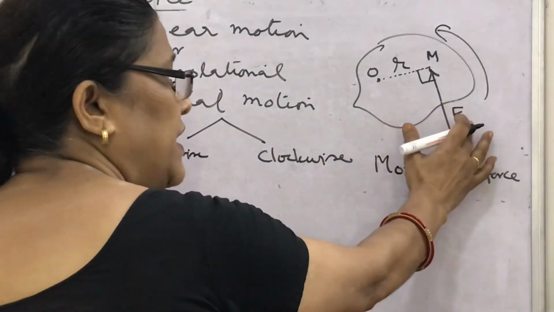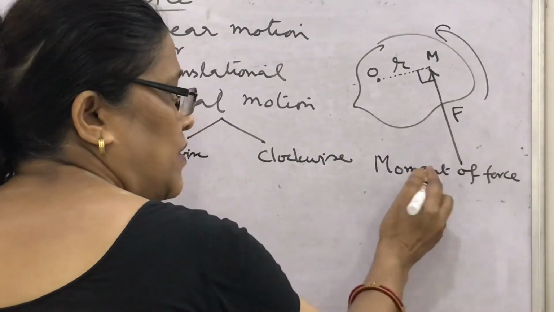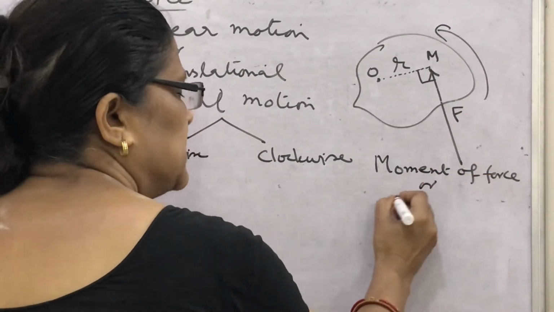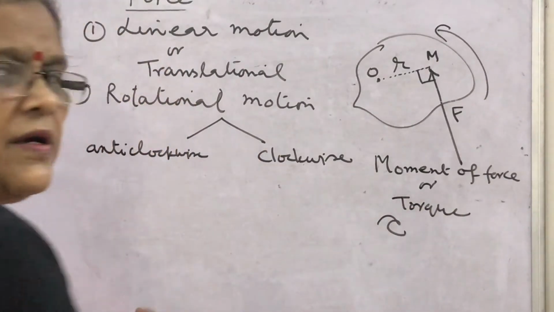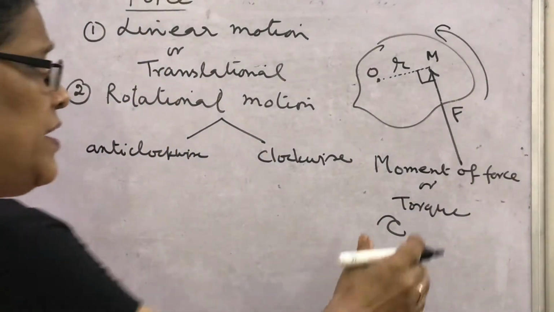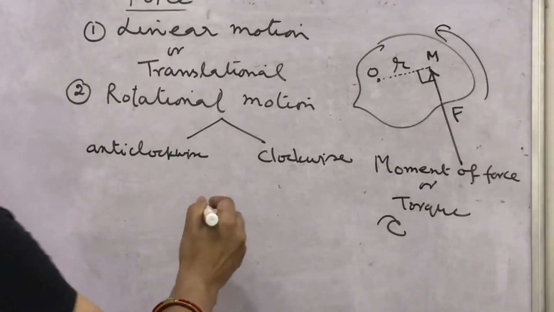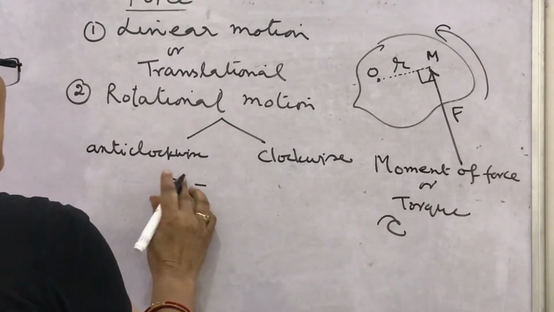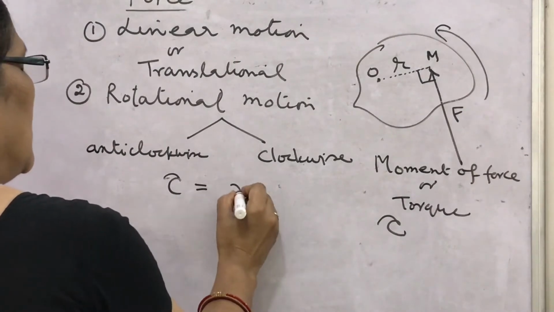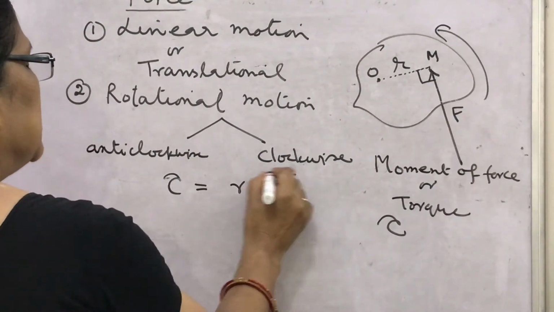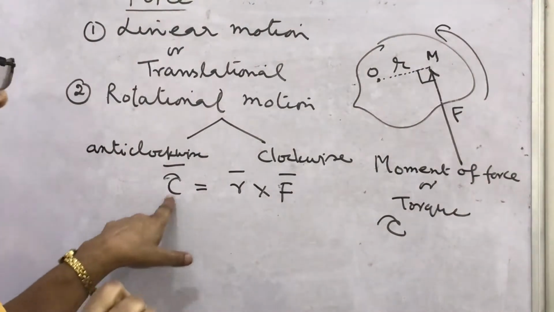This turning effect of force is called the moment of force, or torque, represented by the symbol tau. How will you find the moment of force? Suppose in this example, tau is represented by r cross F.